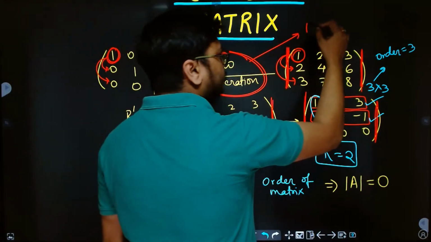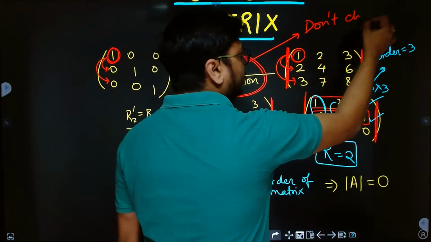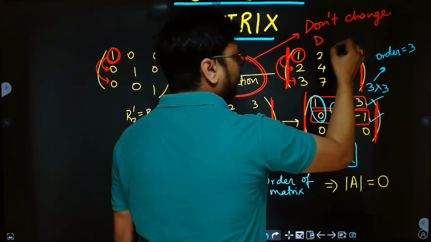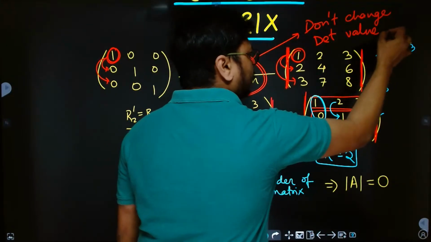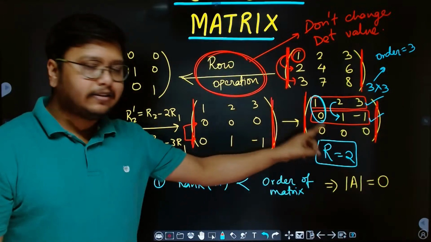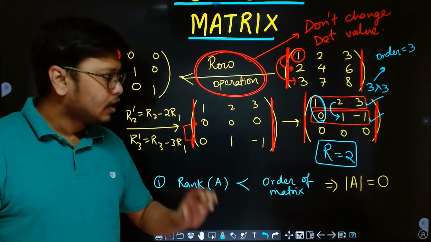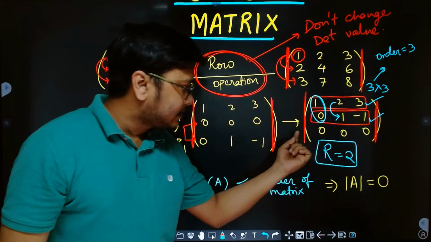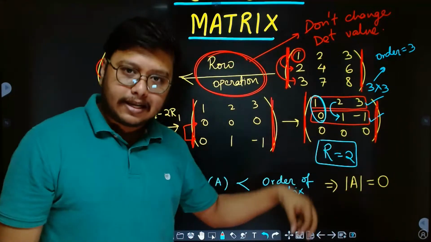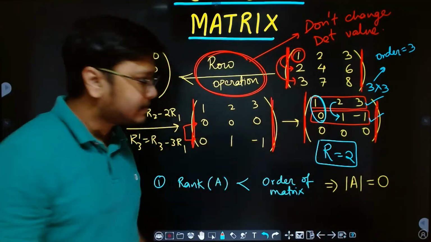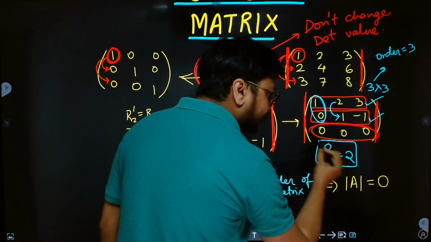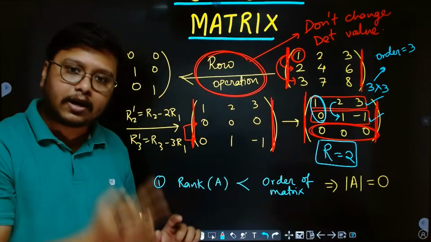So at every stage the determinant value is the same. At the last stage, rank being less than order means at least one of the rows has become 0. More than one can also be 0.